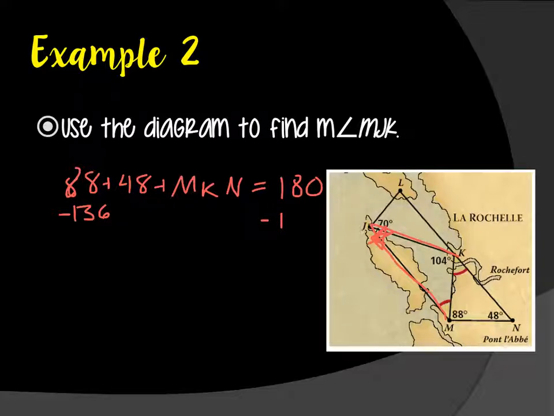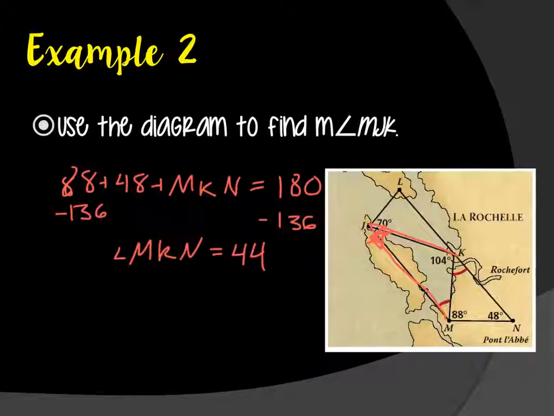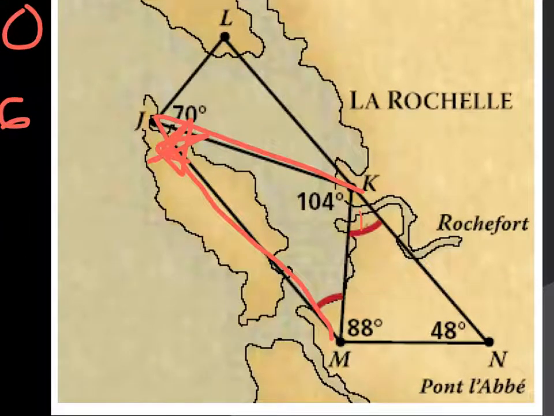So if we subtract 136 from both sides, we get angle MKN is equal to 44. So this angle here is 44. So now angle JMK, this one down here, is also 44. So now we have two angles of this triangle and we can find the third.